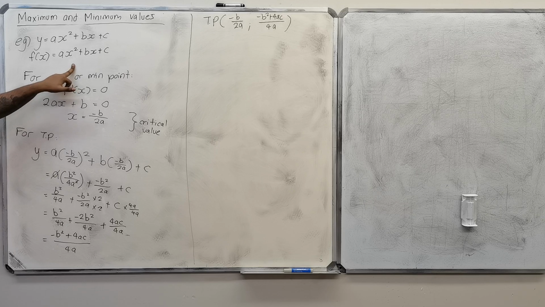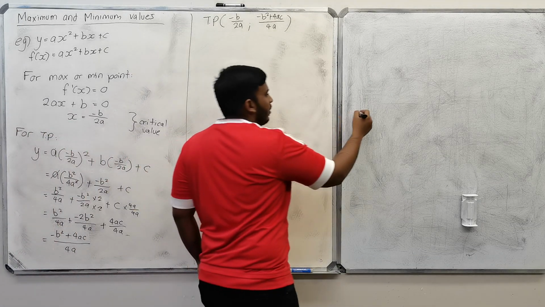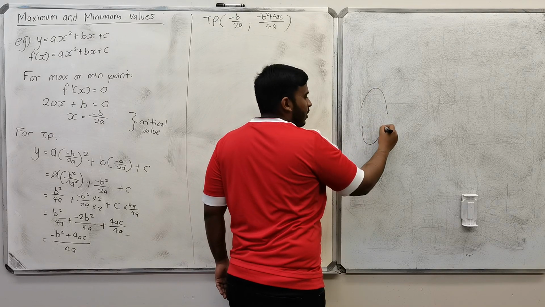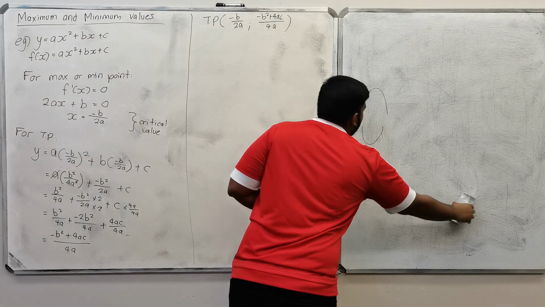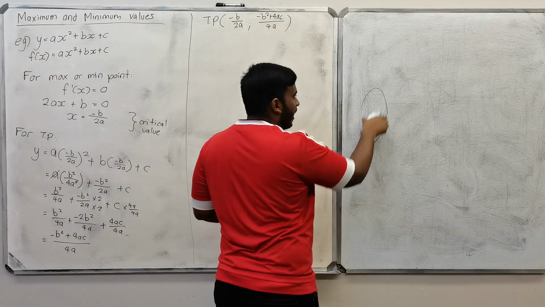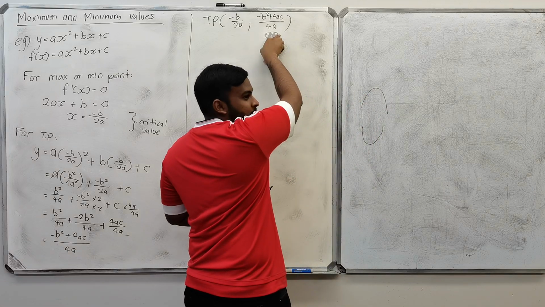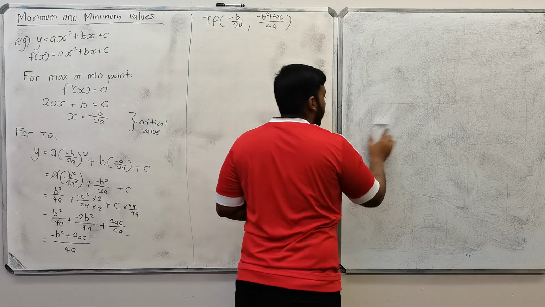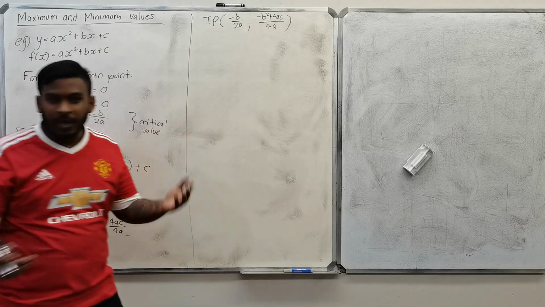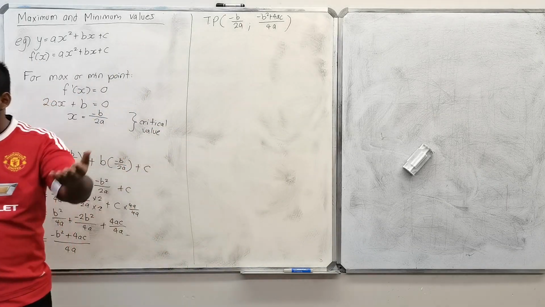A parabola, not a straight line. A parabola looks like that or like that. So we want to see whether the point we worked out here is a minimum point or a maximum point.